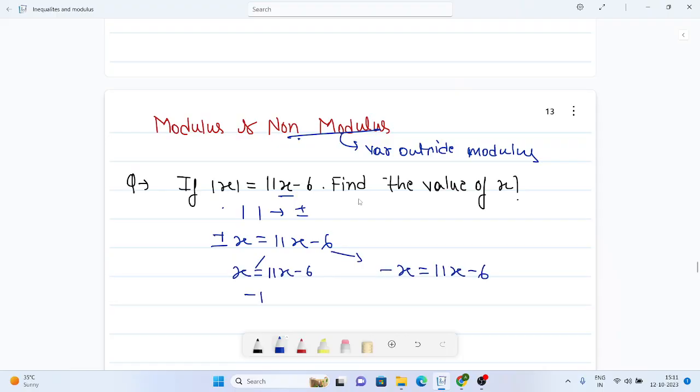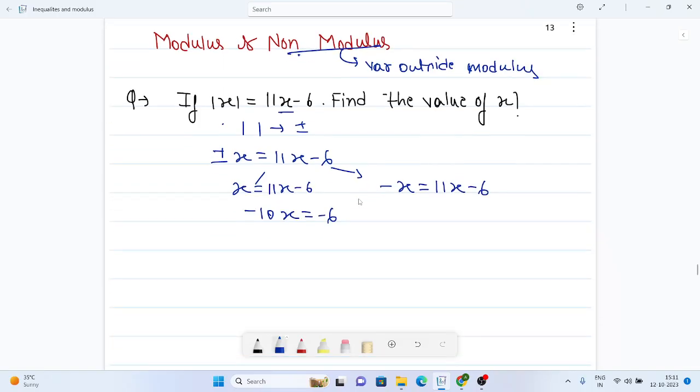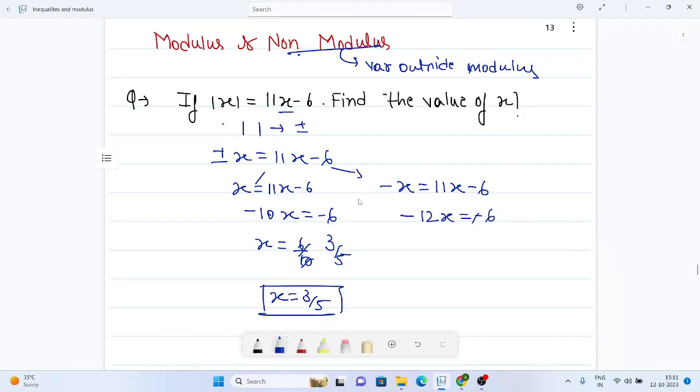So from here I got x equal to 6 by 10 or 3 by 5. Here you get minus 12x equal to minus 6.